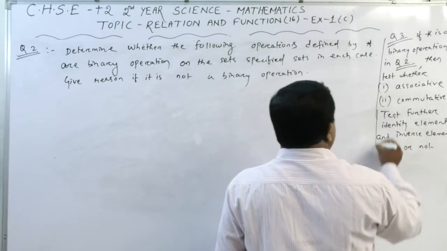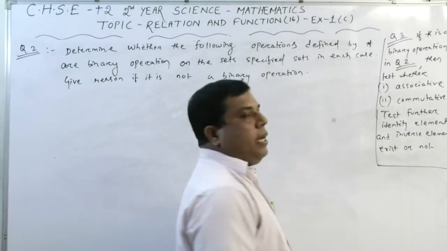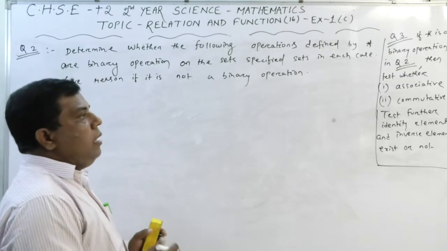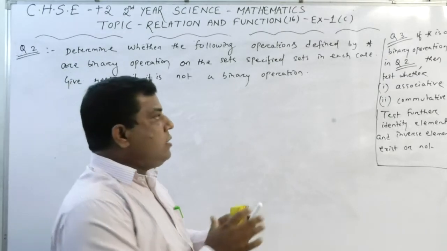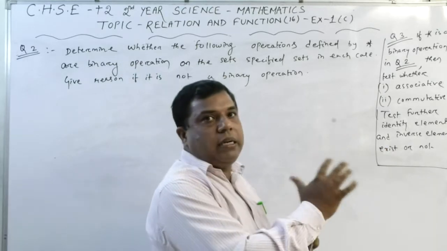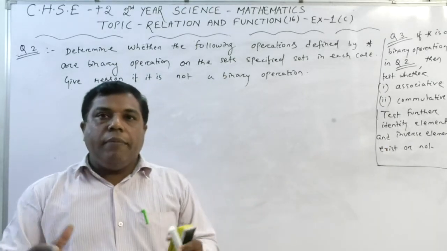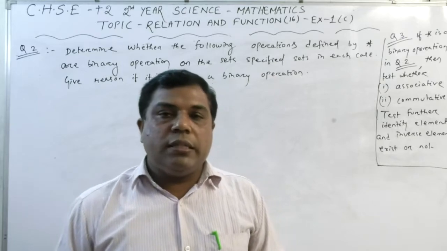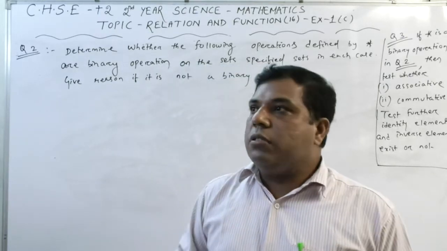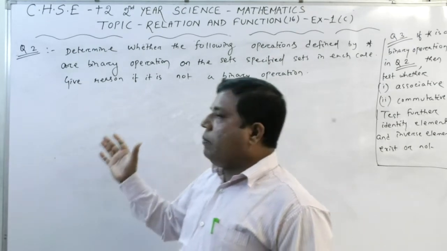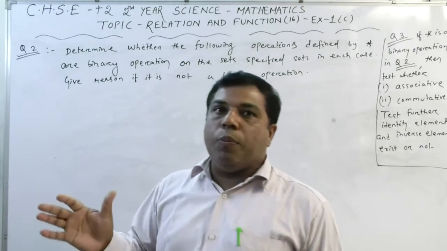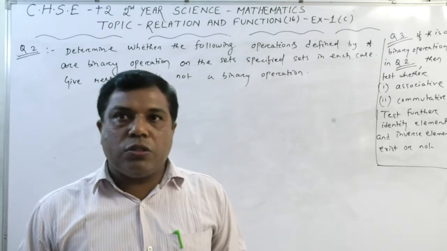That also we have to check. Okay, so this is about question number 3. As question 2 and question 3 are related to each other, again I am telling you what question 2 says. In question 2, some operations are given. Now I am going to write them. So we have to check whether they are binary operations or not. Okay, my dear students.